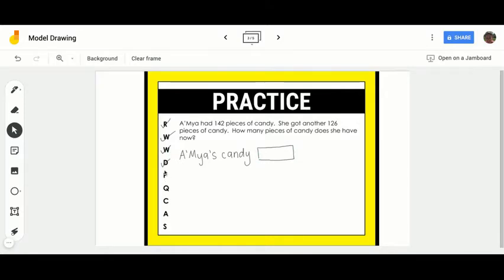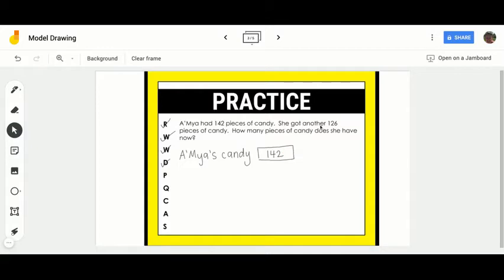Now the P stands for plug in information. So let's read sentence by sentence and start adding in our information. So Amaya had 142 pieces of candy. Ooh, we can plug that in. 142.